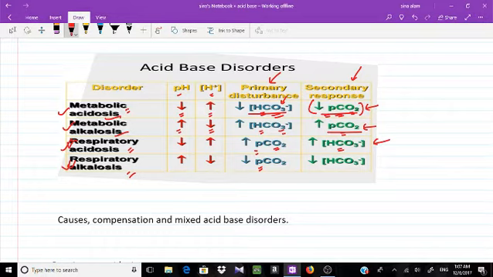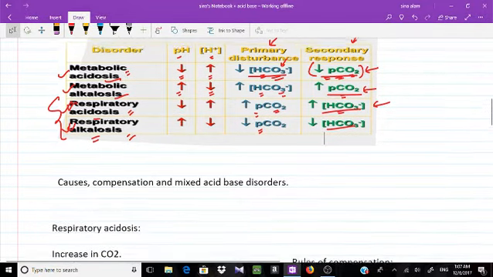Bicarbonate retention, or an increase in bicarbonate, takes some time. So when the primary disorder is respiratory, like respiratory acidosis or alkalosis, this secondary response takes time. Sometimes we say it is a delayed response, because to retain or get rid of bicarbonate, the kidney needs to work harder. We're going to describe how the kidney works, but this takes time.